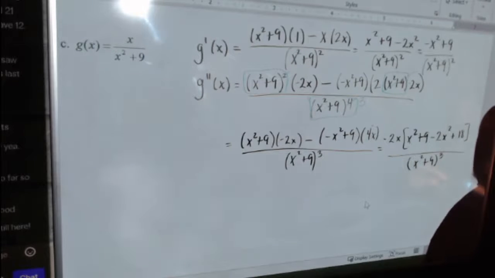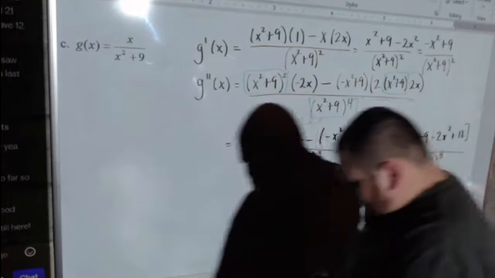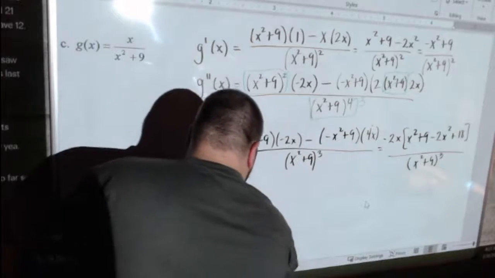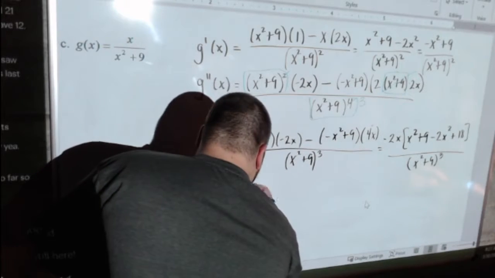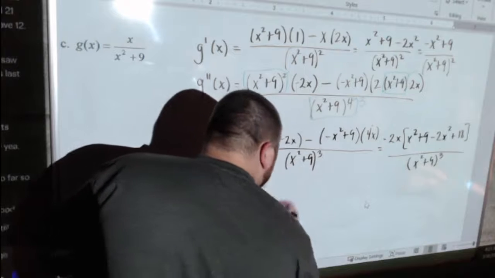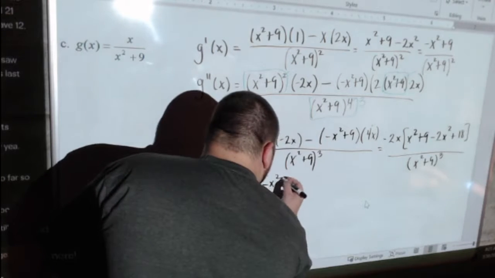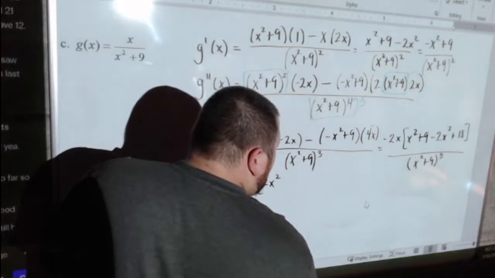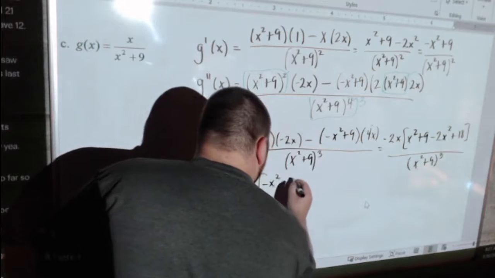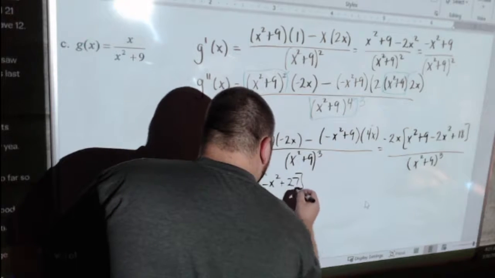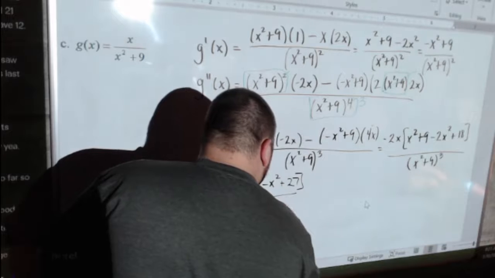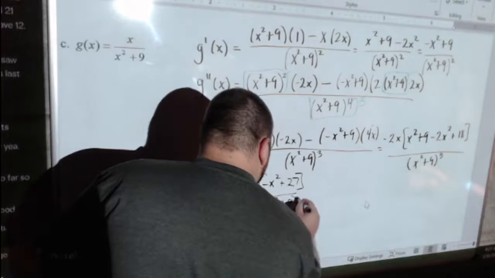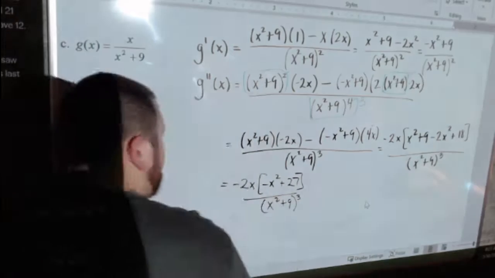So then, all simplified, this is negative 2x times minus x squared plus 27 all over x squared plus 9 cubed.